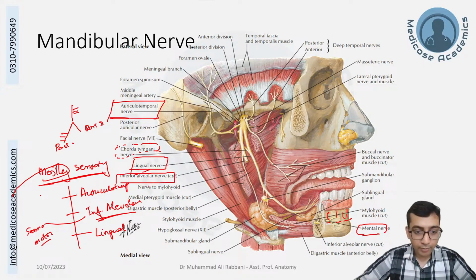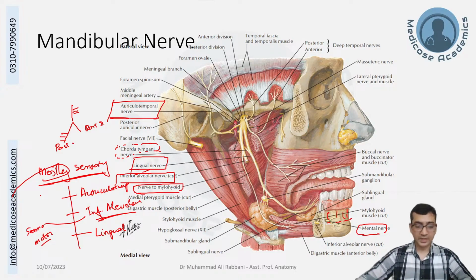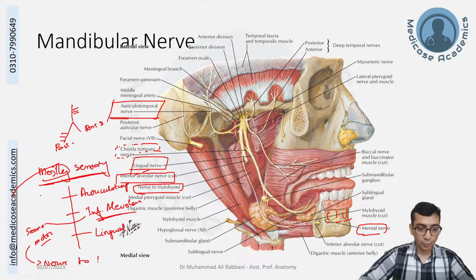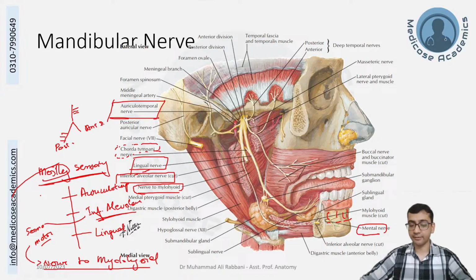But you can see before it enters the bony canal, it gives rise to this nerve, that is the nerve to mylohyoid. So this is the motor component. This is the only motor component of the posterior division.